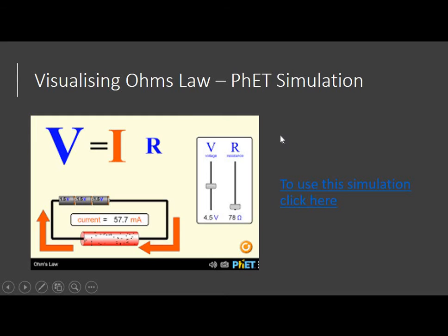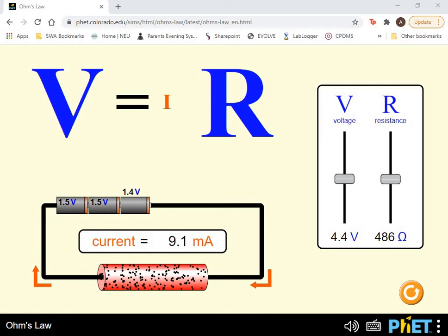Okay, so we can visualize this relationship. I am just going to show you what this looks like in a simulation. So here is our relationship. This is our potential difference V. Here's our current I, and this is our resistance R. Then we can alter just slightly the amount of voltage.